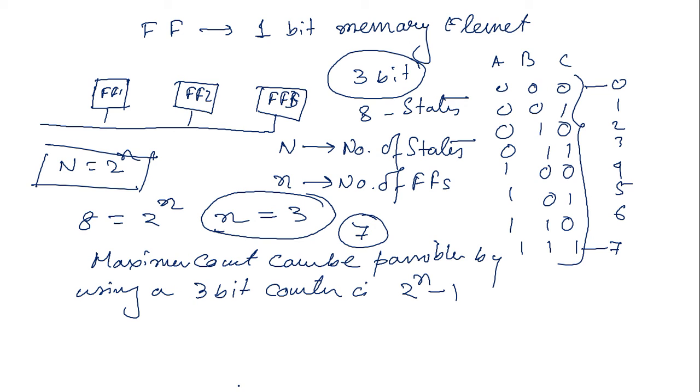The number of states is N equals 2 to the power n, and the maximum count is 2 to the power n minus 1.